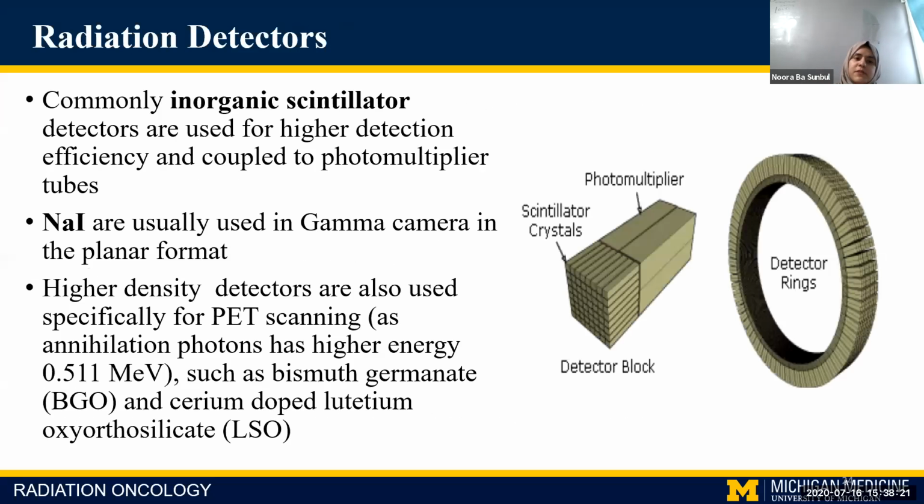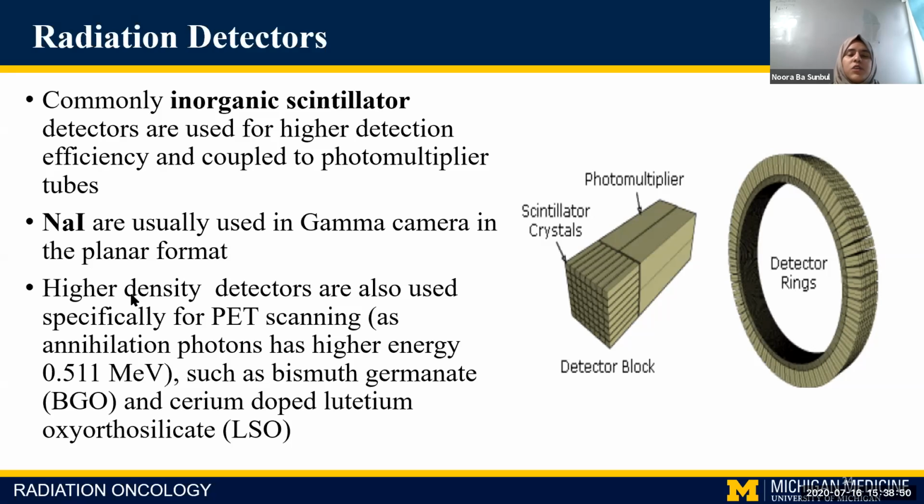The types of detectors that are usually used in nuclear medicine are inorganic scintillators, as those have higher efficiency to detect gamma photons. In nuclear medicine, what we are usually looking for is gamma photons, and basically sodium iodide is the most common type of detector that's usually used specifically for gamma cameras.